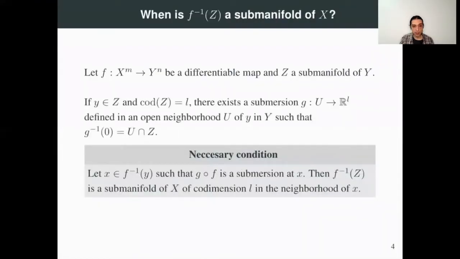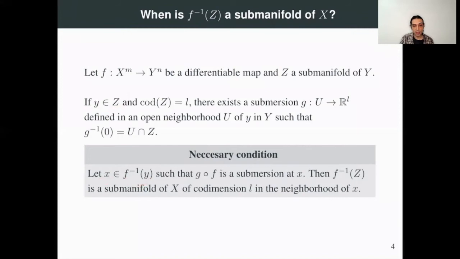And what happens is that a necessary condition, let's consider this situation in which y is a point of C and we consider a point x in the preimage of y.